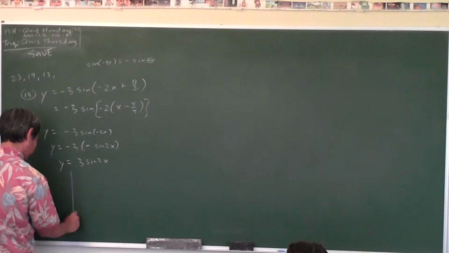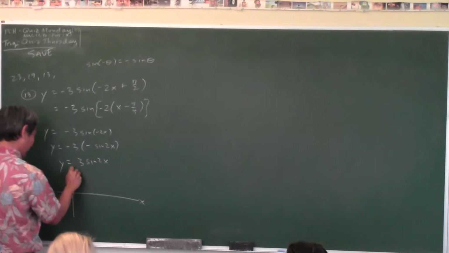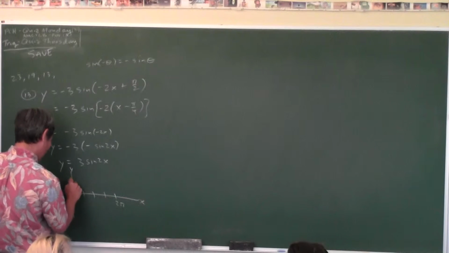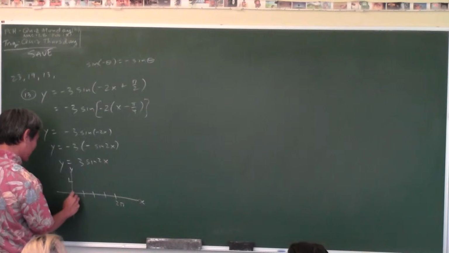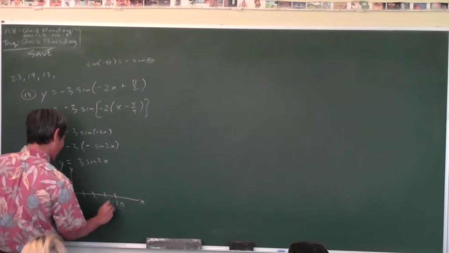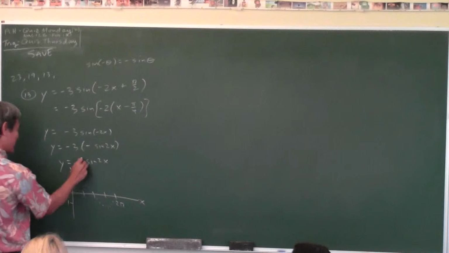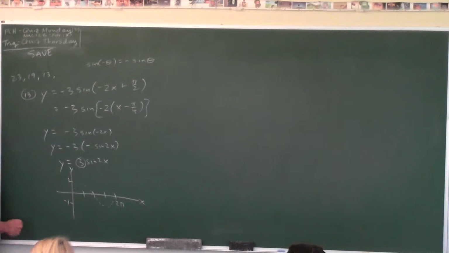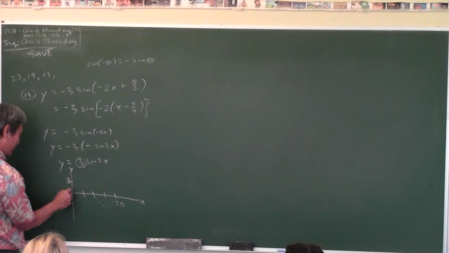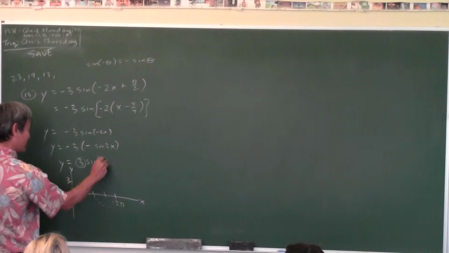Okay, so here we go. Graph sine. 1, 2, 3, 4. 1, -1. Sine looks like this. What does this do to the graph? It multiplies the y coordinates by 3. And what does that do to the graph?